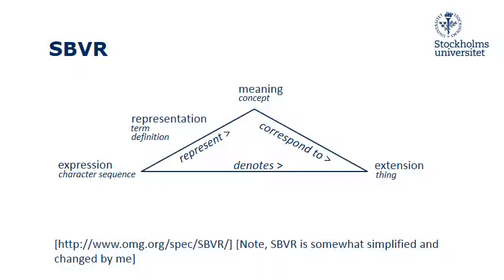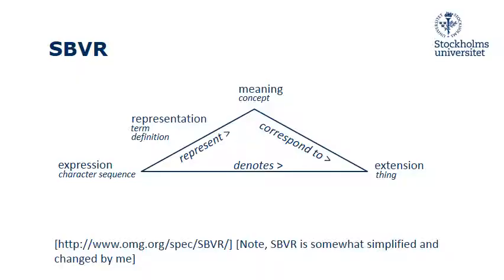And the expression is actually a sequence of characters. It's a set of characters following each other, while the representation is the term. For example, this could help you to make a difference between homonym and polysemy that we discussed before.